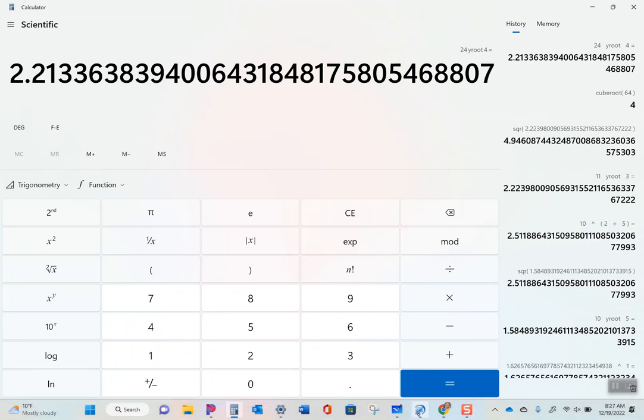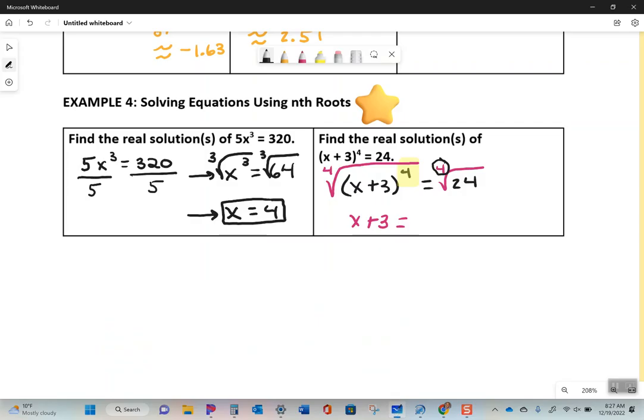Okay, so here's what we end up with. We end up with x plus 3 could equal 2.21. Or x plus 3 could actually equal what kind of 2.21? Okay, so let's solve the one on the left. What would I have to do to both sides? Subtract 3, right? So if I go 2.21 minus 3, anybody know that off the top of their head?